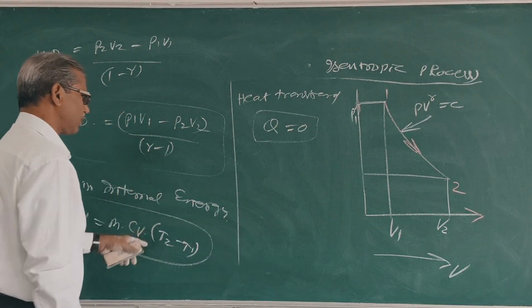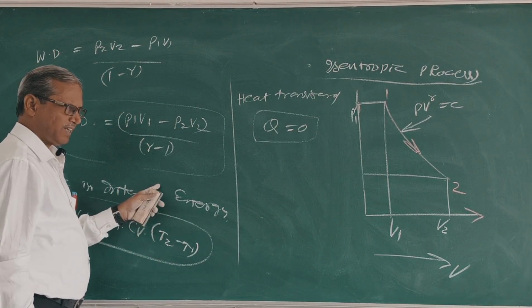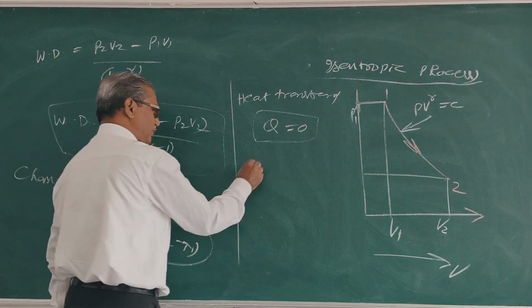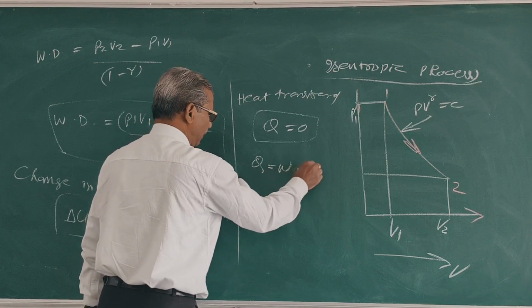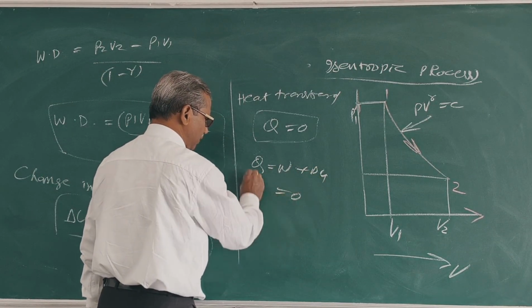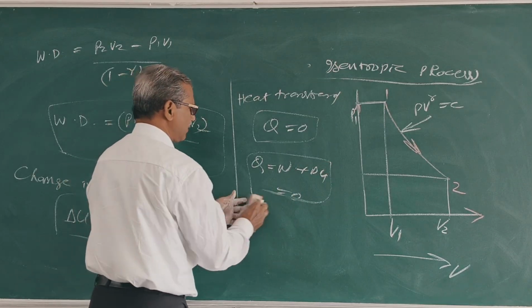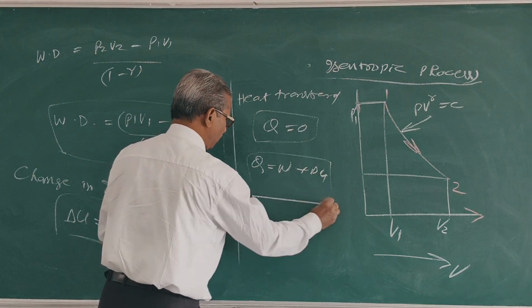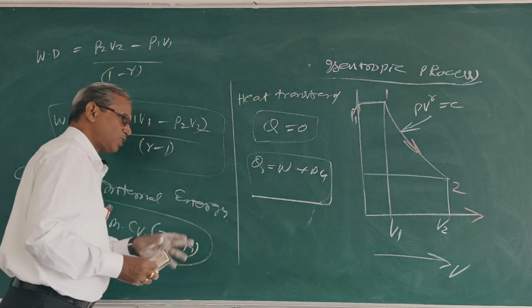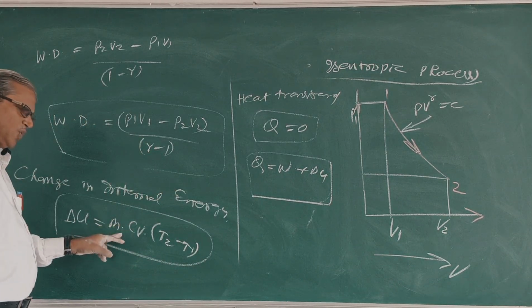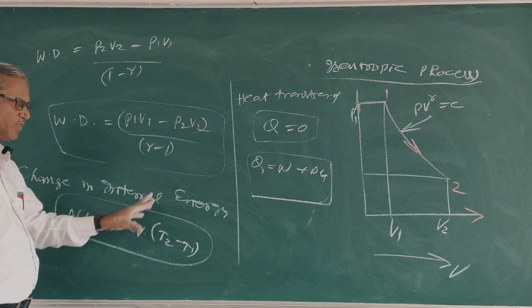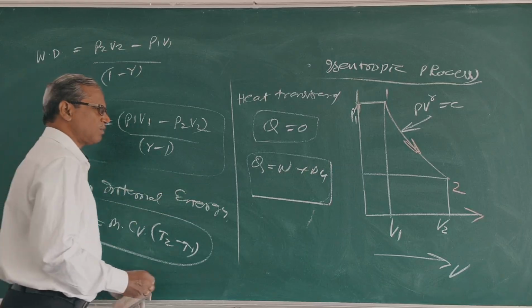Here also, after finding the answer, when you apply this formula, work done plus delta U automatically becomes 0. Because if W comes plus 100 kilojoule, delta U will be minus 100 kilojoule. So when you add them, this quantity becomes 0. Clear?